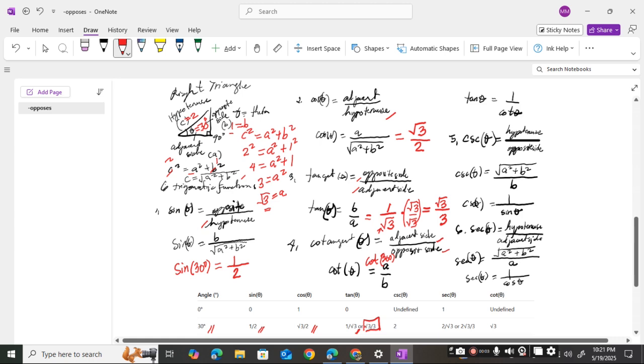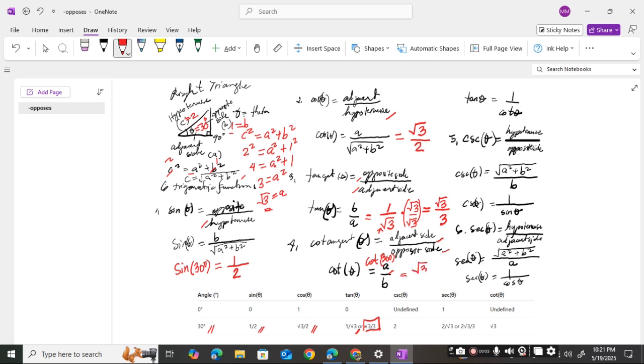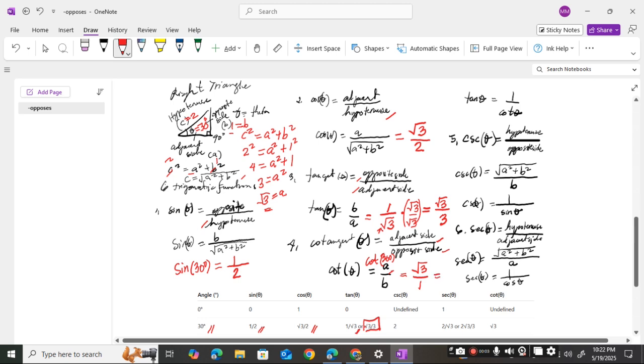Our adjacent side, given as a, we have calculated again: that's square root of 3. Now, what's the value of b? Our b is simply unity, which is 1. So square root of 3 over 1 is simply square root of 3. And that's the answer for our cotangent function.